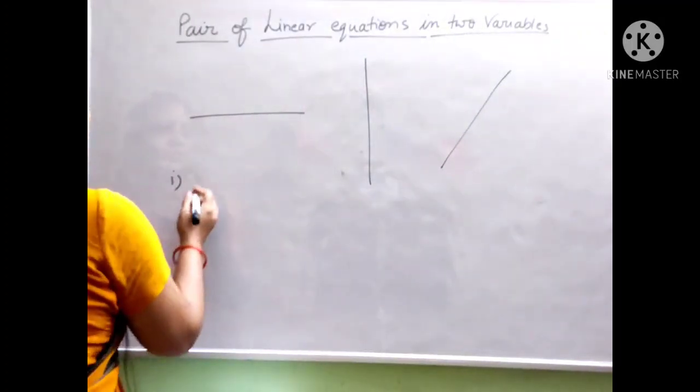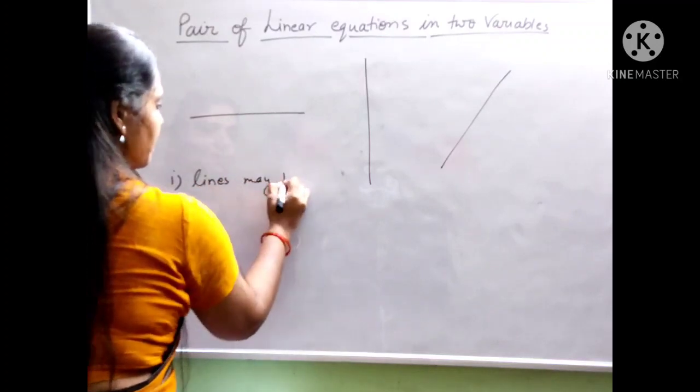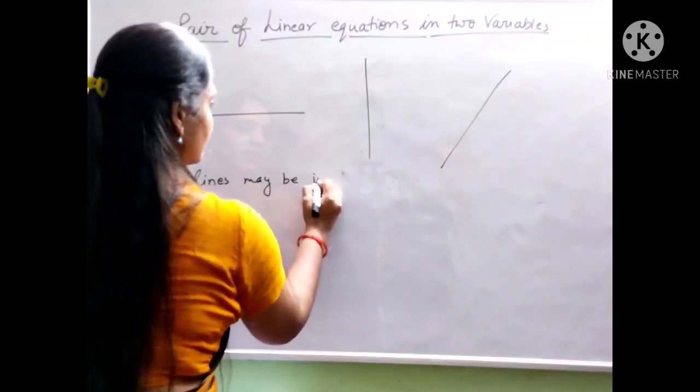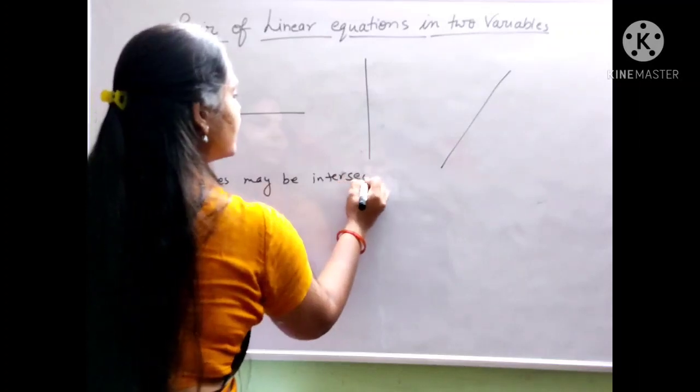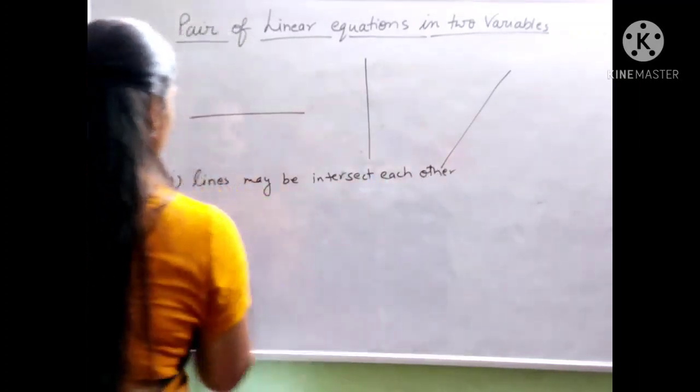First possibility is lines may intersect each other.